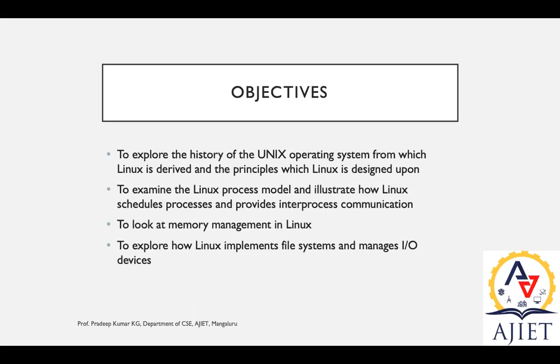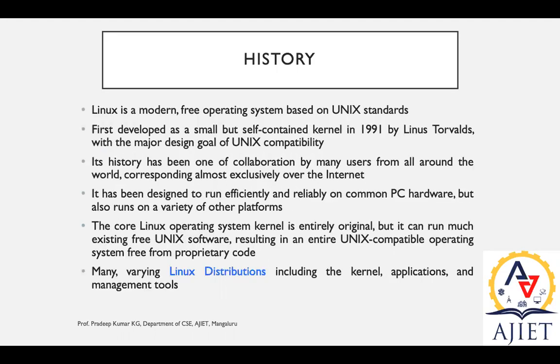Then we'll peek into memory management of Linux, and explore how Linux implemented different file systems and how it manages different IO devices. To start with, we'll begin with the history.